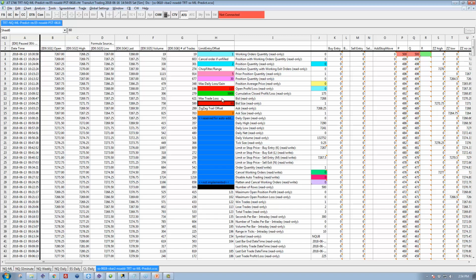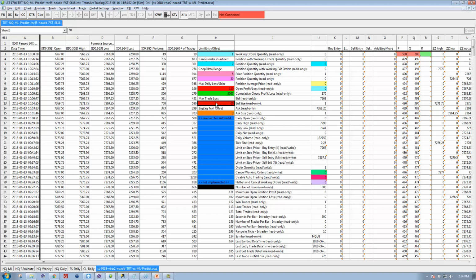So this number here needs to be more than your normal stop amount for the number of contracts you're trading. I trade one contract using this system with a 10-tick stop. That's $50. So I put in 60. If my open position is down $60, something has gone horribly wrong.